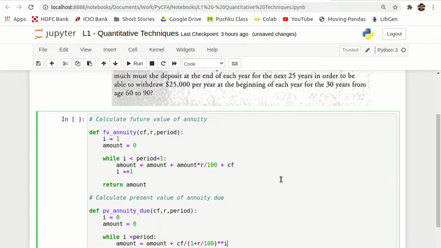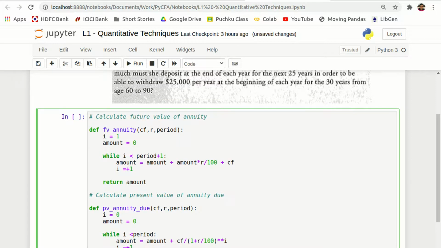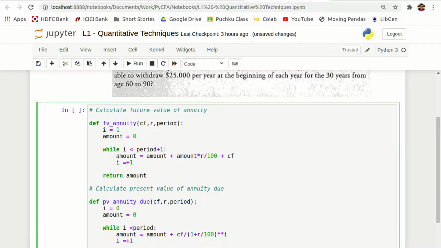So for the year 0, I is going to be 0, which reduces the denominator. Anything raised to 0 is 1, so which means it will be only the cash flow, which is right. It's a slightly different calculation from the future value of annuity. And I increment my counter by 1, and when that is done, return amount.